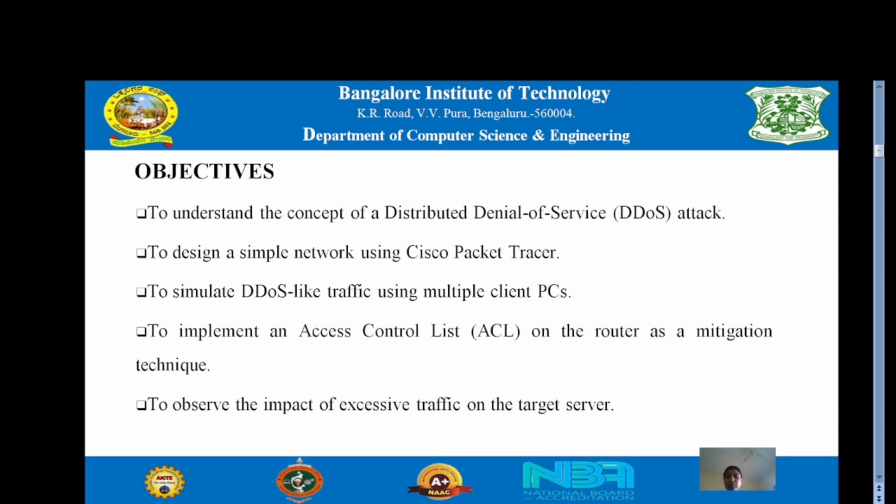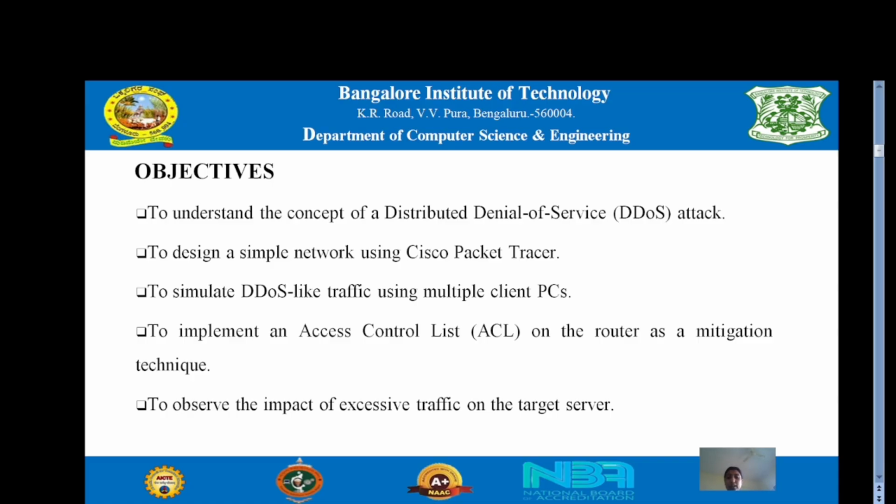Here are the objectives. The main objectives of this project are to understand how DDoS attacks work, to design a network in Cisco Packet Tracer, to simulate attack traffic using multiple PCs, to implement ACL as a mitigation technique, and to observe the impact of excessive traffic on the user.